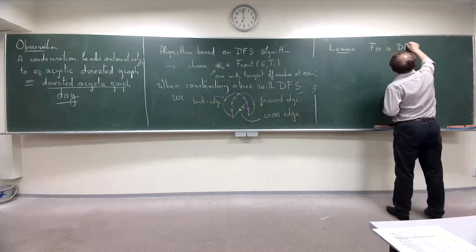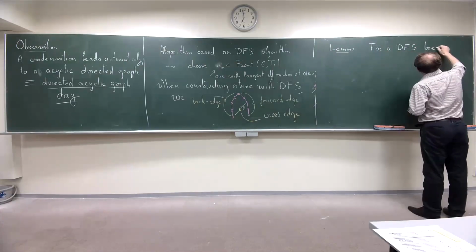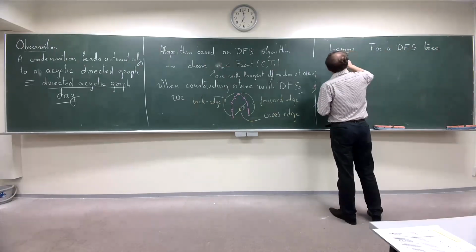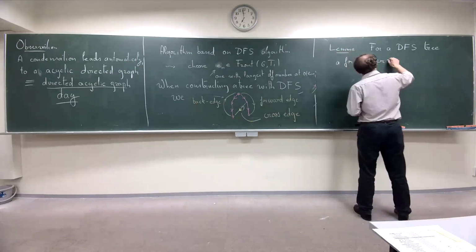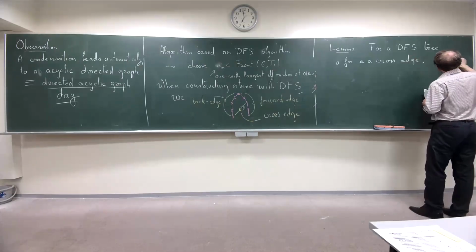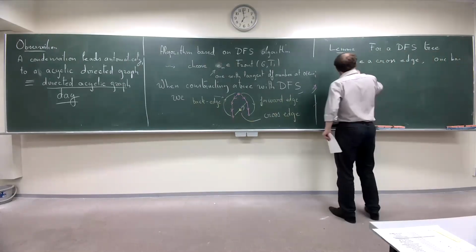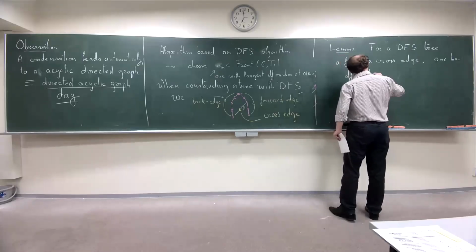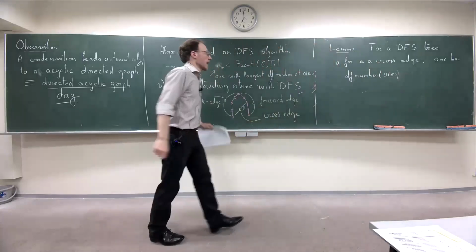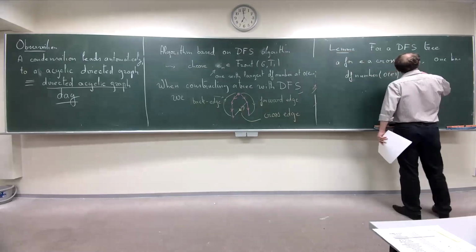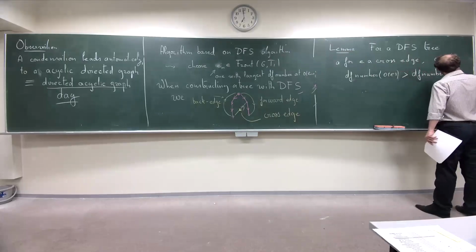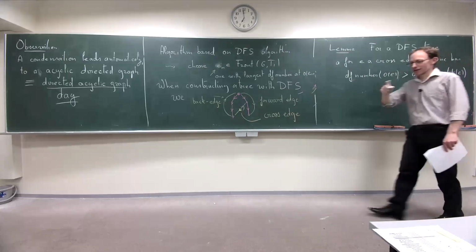For a DFS tree, so a tree that you construct with this DFS algorithm, and for e a cross edge, one has the DF number, the discovery number, of the origin of e always bigger than the DF number of the target of e, which is exactly what I have represented.